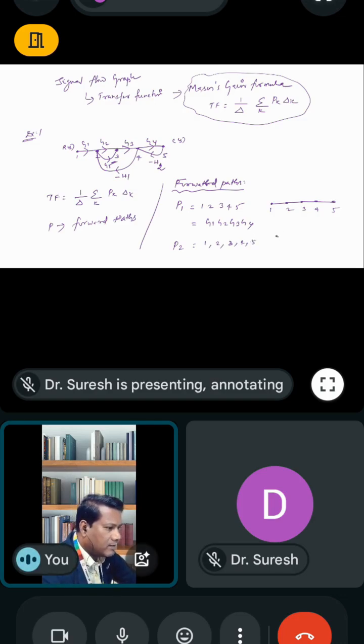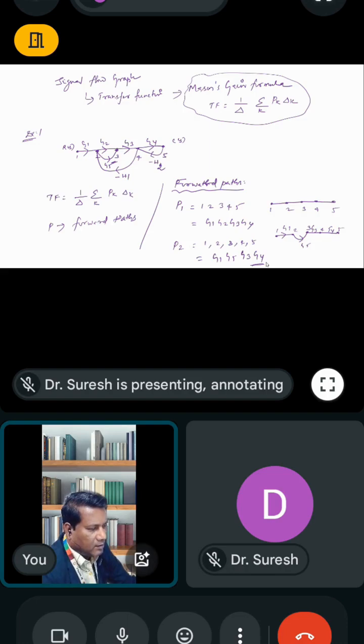Now you are clear about the second forward path: G1, G5, G3, G4. So the overall gain is G1, G5, G3, G4. So there are two forward paths and their corresponding gain values.